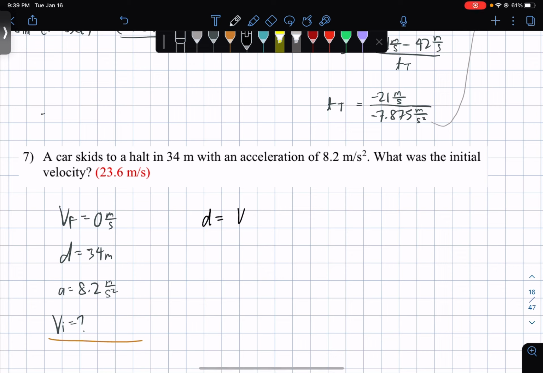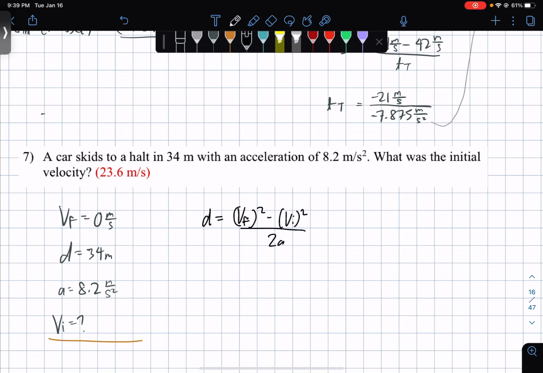Distance is equal to Vf minus Vi over 2a. I think this is better to use. We have 34 meters. Vf is 0 meters per second. Vi is, well, the same thing. 2a, 2 times 8.2, 16.4 meters per second squared.